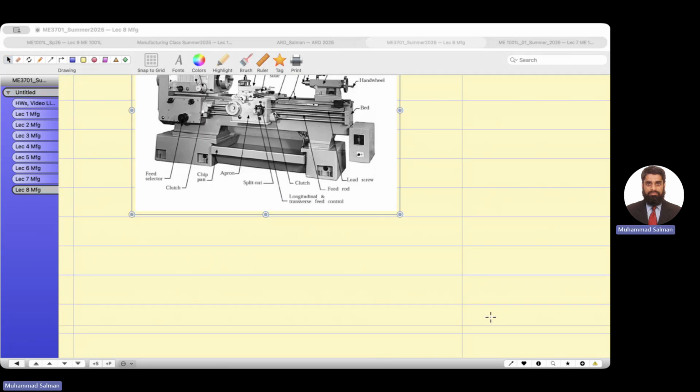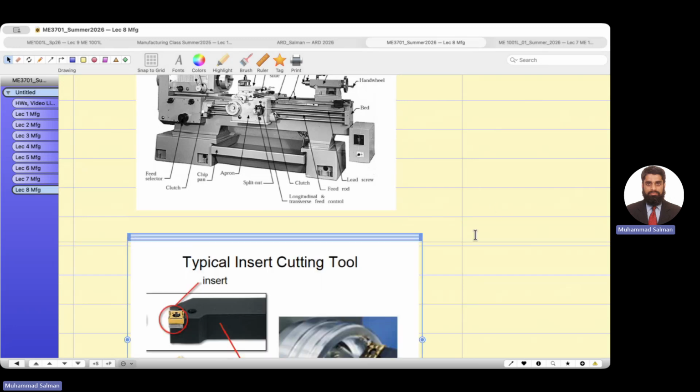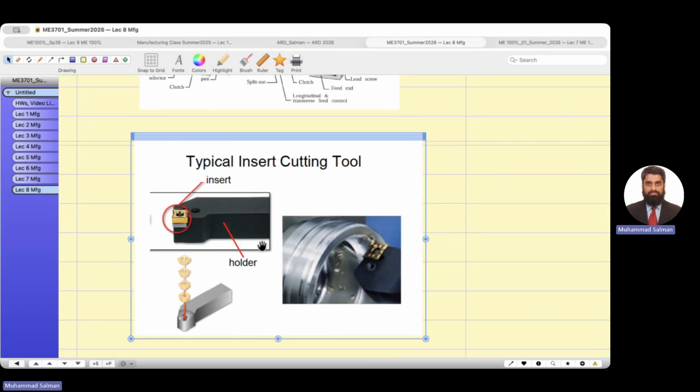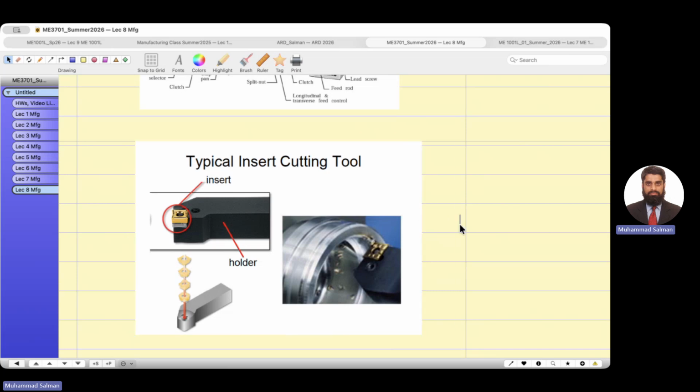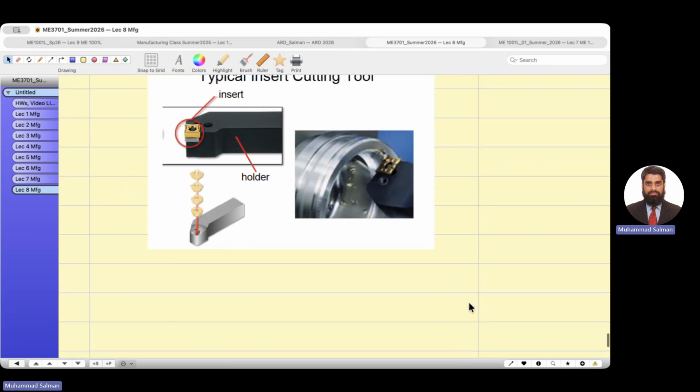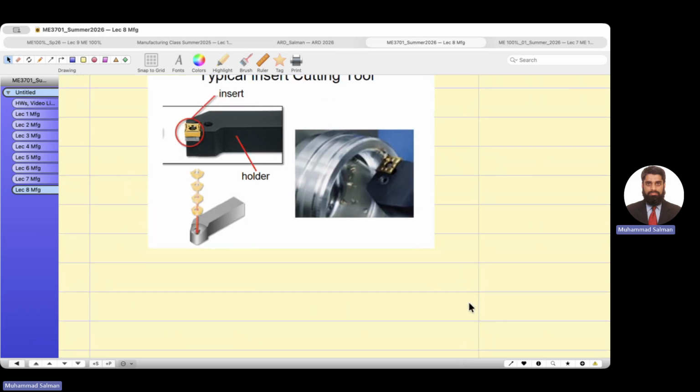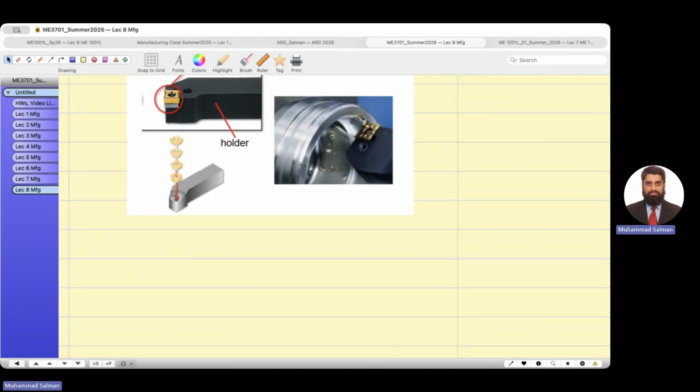Okay. This is the boring operation. And each tip has some cutting edges. If there are 4 corners, these are 4 edges. So you will see later how to reduce the cost of manufacturing in one carbide tip or high speed steel cutting tool tip.